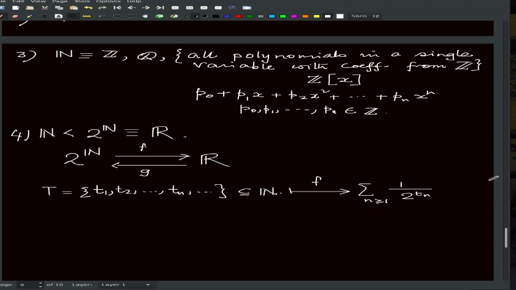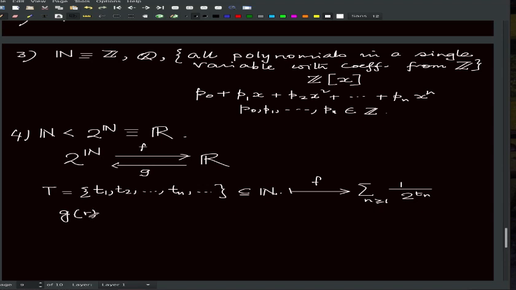Decimal means base 10, that means your digits are 0, 1, 2 up to 9. You can do the same thing with, instead of 10, base 2. So every real number has a unique infinite binary representation. That is the goal, and that is exactly what this is doing.